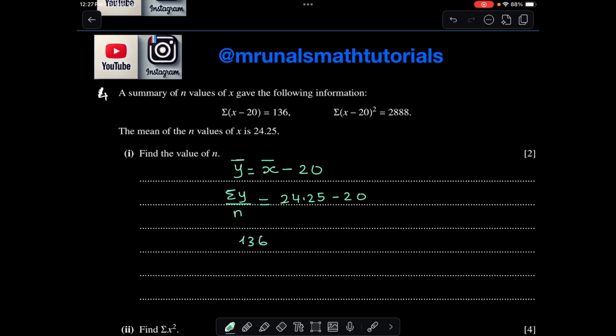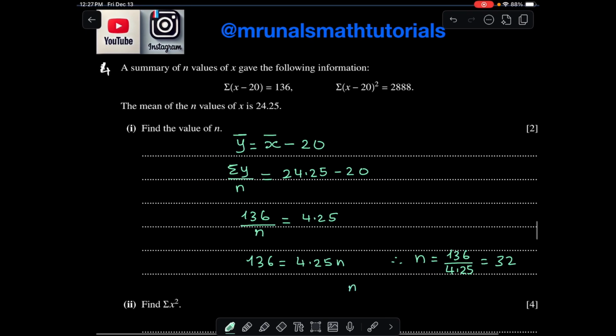Use that, is equal to 4.25. So then if you cross multiply, it's going to be 136 equal to 4.25 n. Therefore, n equal to 136 divided by 4.25, which works out to be equal to 32. So the value of n is 32.